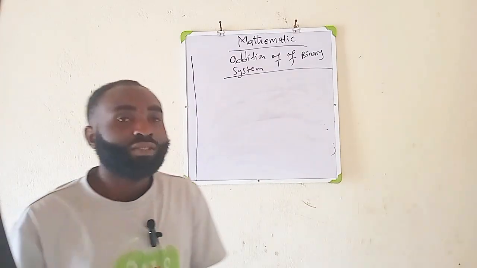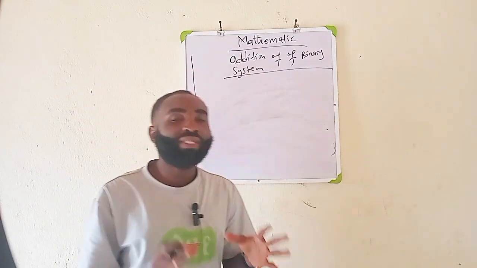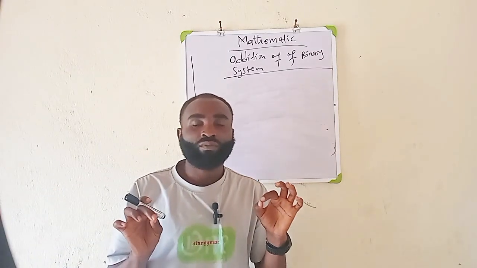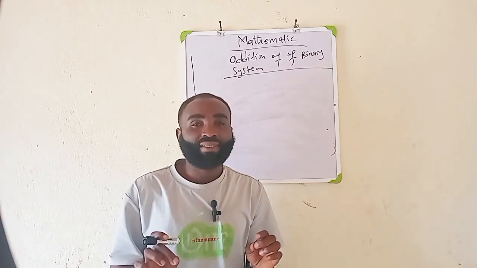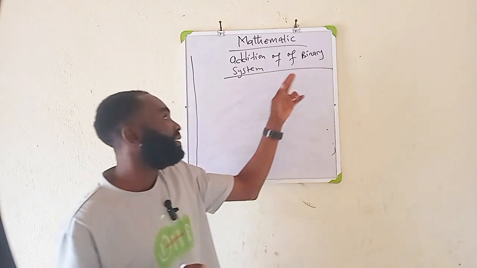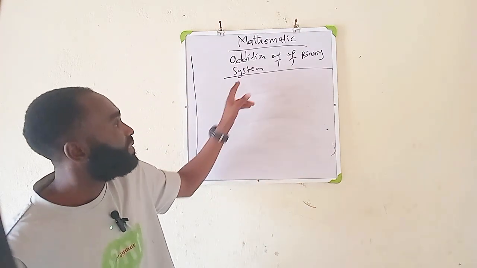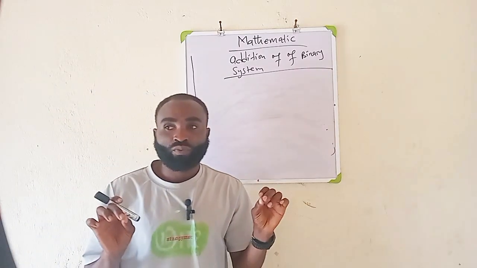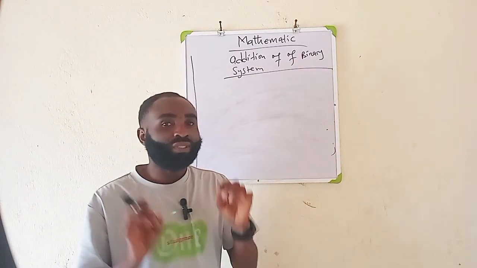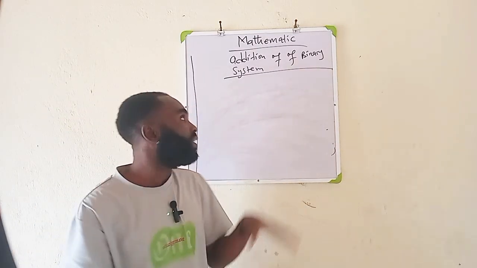So we can progress. Understanding the number base system is the key in mathematics, and that is the foundation of mathematics. Today we'll be taking only one example, the addition of binary system. As I explained earlier, binary system is the same thing as base 2. That is zeros and ones, only zeros and ones.